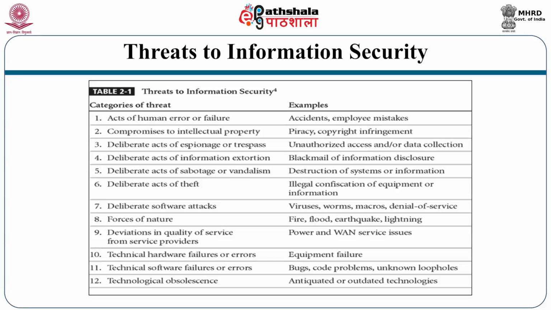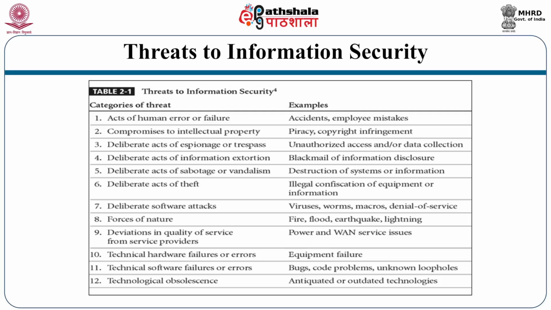Number 1, acts of human error or failure, compromises to intellectual property, deliberate acts of espionage and trespass, deliberate acts of information extortion, deliberate acts of sabotage and vandalism, deliberate acts of theft, deliberate software attacks, forces of nature, deviations in quality of service from service providers, technical hardware failures or errors, technical software failures or errors, technological obsolescence.